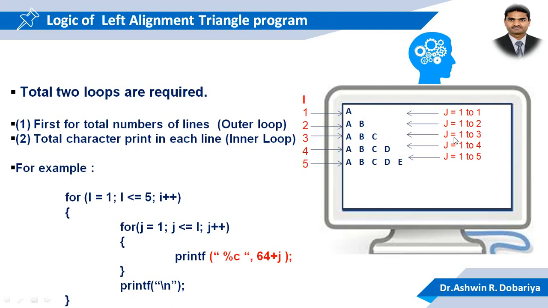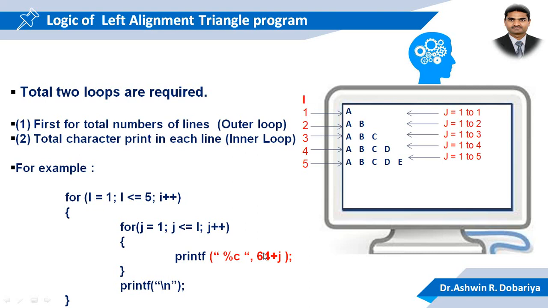In the third line j starts from 1, then 2 and 3. It means j takes different values. So we can write the logic like this: 64. Why 64? Because the ASCII value of A is 65, and we want to start the character from capital A. We know that j starts from 1.